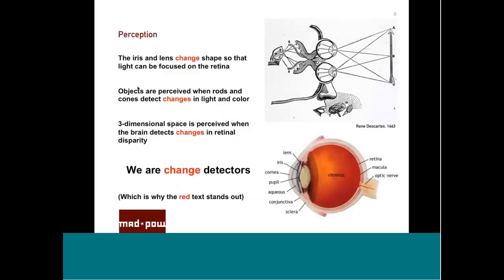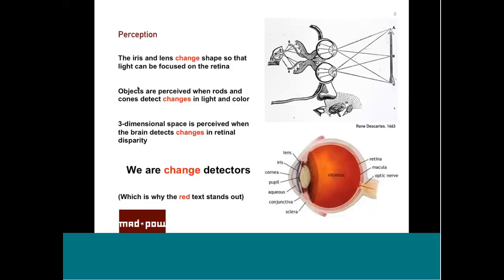So backing up a little bit, we've already started talking about the mind, System 1, System 2, but let's back up a second and talk about how we actually see these things, starting with the eyes. And overall, we are change detectors, and it all starts at visual space perception at the eyes. When light enters the eye, it goes through the cornea and the iris, and your lens changes shape so that the light can be focused on the retina.